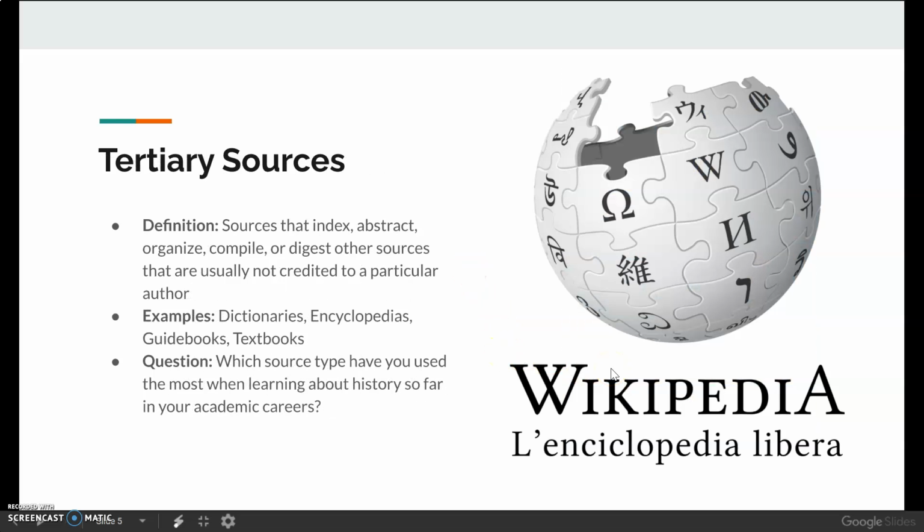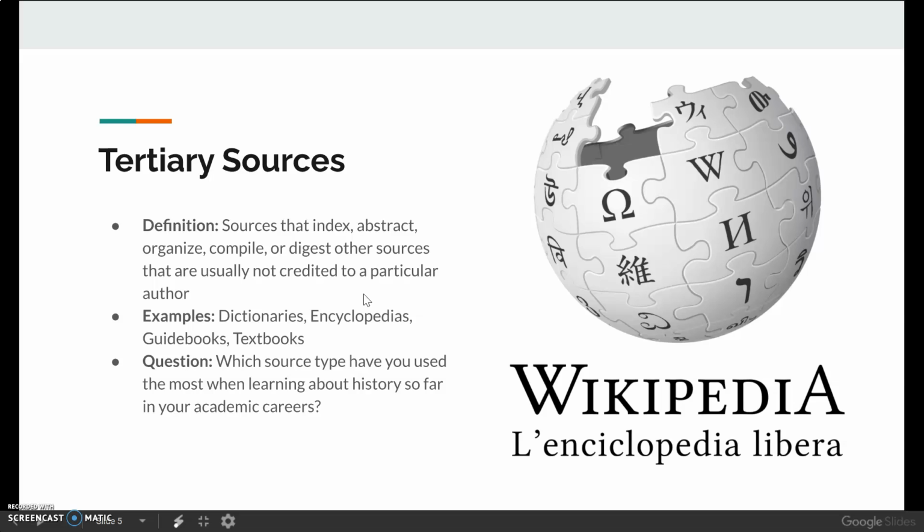Tertiary sources. This is the final source type. I'll just read the definition again real fast. These are sources that index, abstract, organize, compile, or digest other sources that are usually not credited to a particular author. That's the main thing. These sources tend to be the works of many authors put together. Examples of the source type are dictionaries.